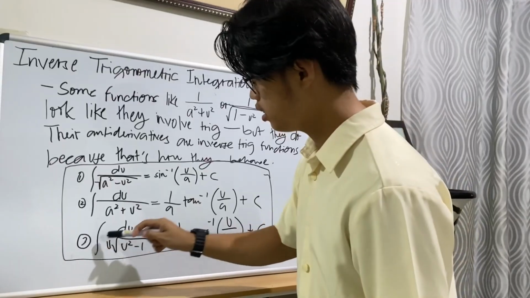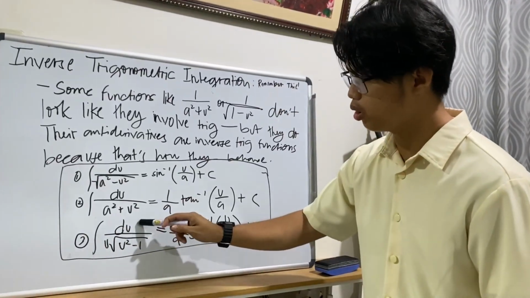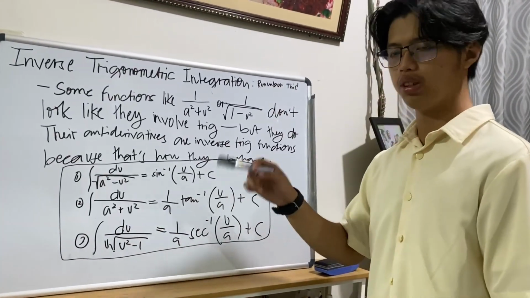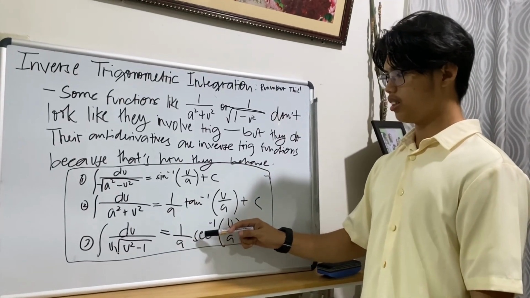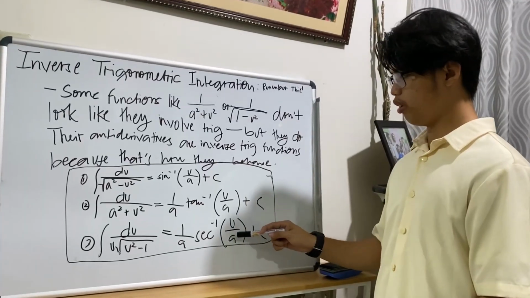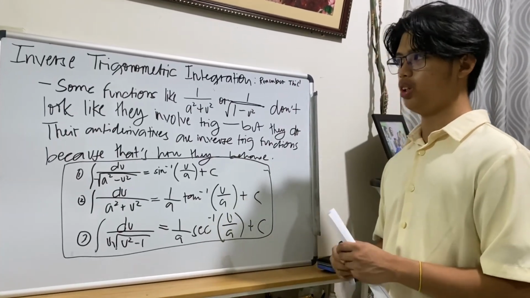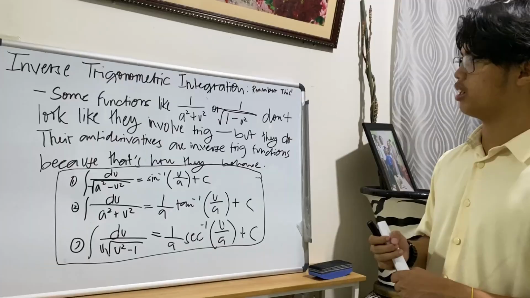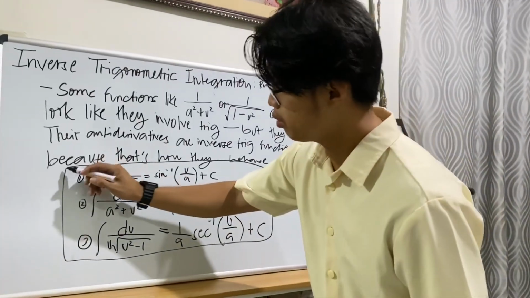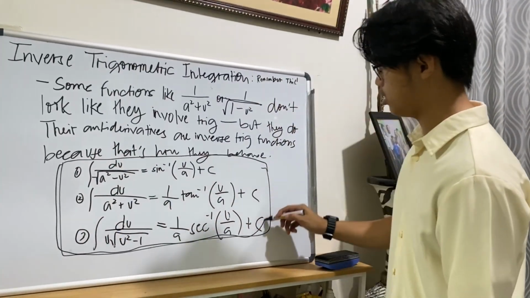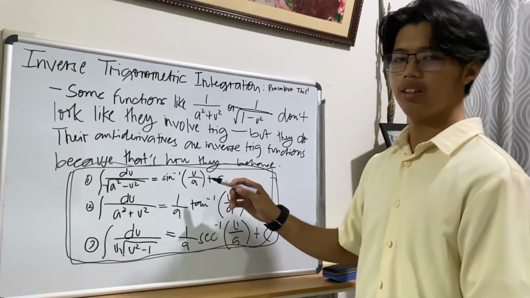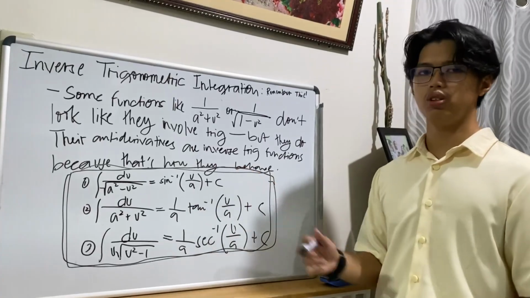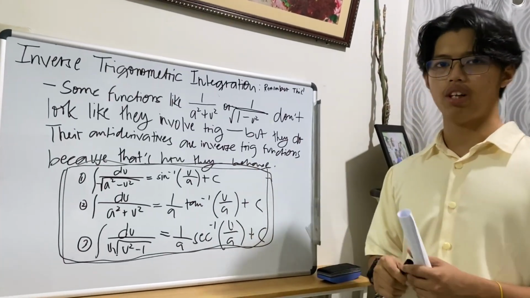Equation number 3 is the integral of du over u times the square root of u squared minus a squared is equal to 1 over a arc sec u over a plus c. In order to solve inverse trigonometric integration, we need to be familiar with these formulas, where a is a constant and u can be any variable or any function.